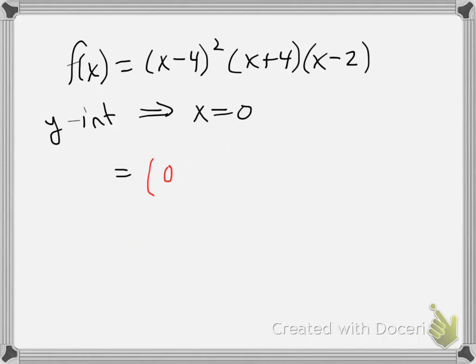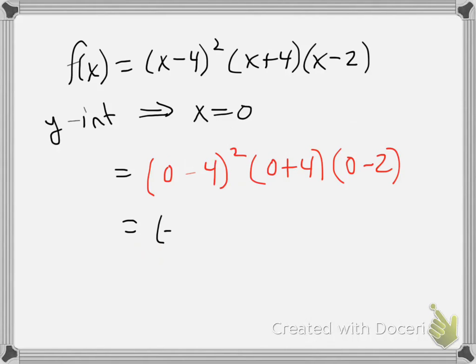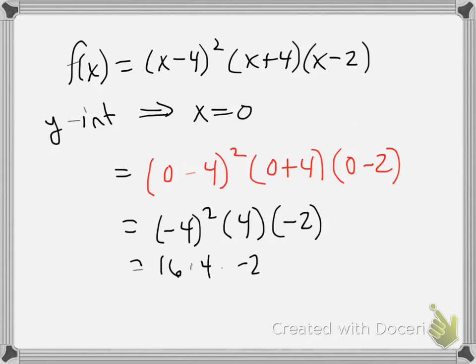We are going to plug in 0 for x. And what we end up with is -4 squared times 4 times -2, which gives us 16 times 4 times -2, which gives us -128.